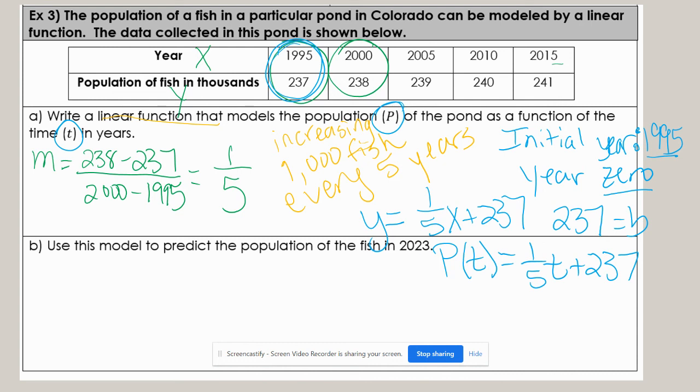Using this model to predict the population of fish in 2023, well, first I have to figure out how much after 1995 is the year 2023? And that's 28 years.